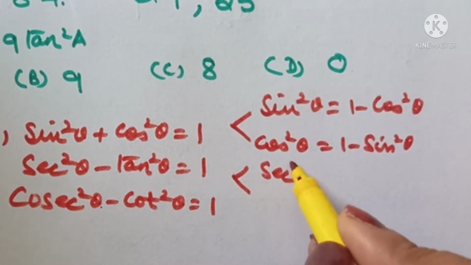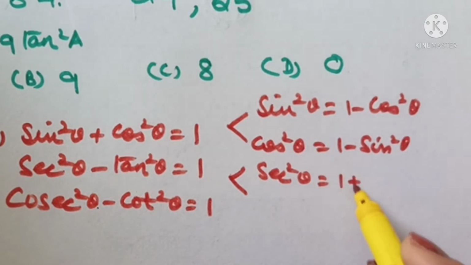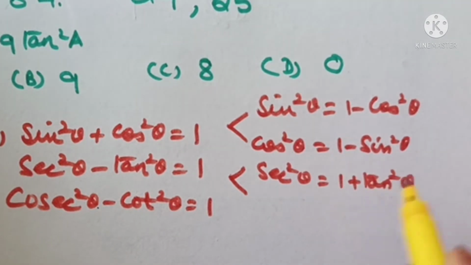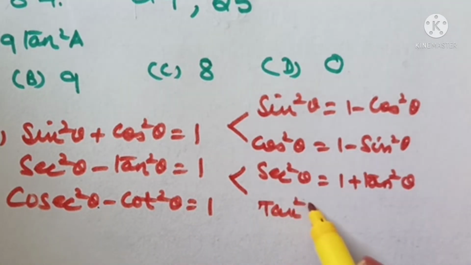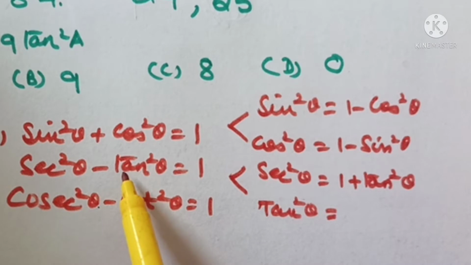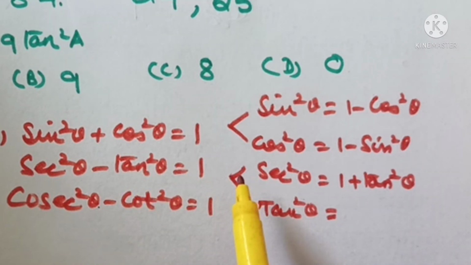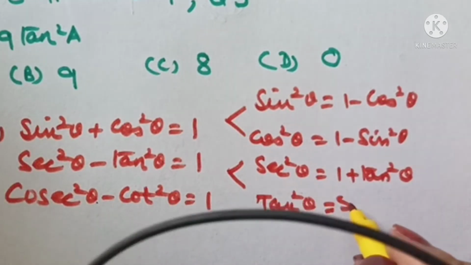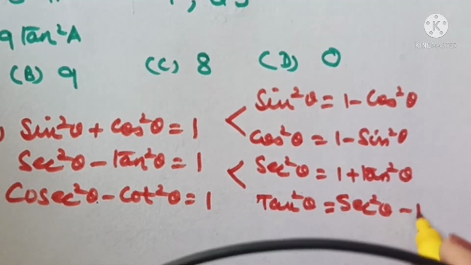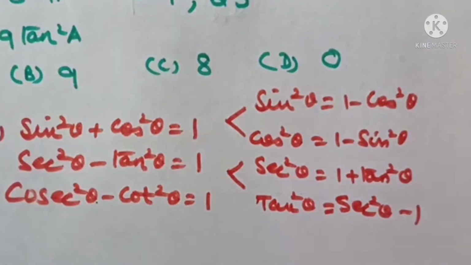Secant square theta is 1 plus tan square theta. This tan square theta goes to the right hand side. And tan square theta is, now see, if tan goes to the right side, it becomes positive, and 1 comes to the left side. So it becomes secant square theta minus 1. Right? So this is how you can write all the values.